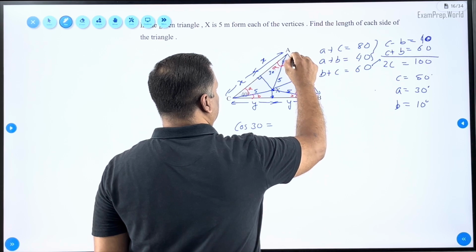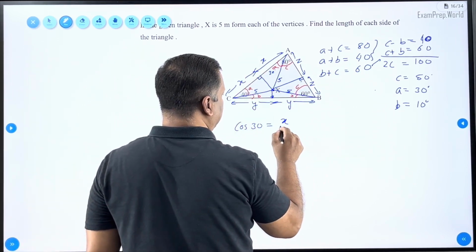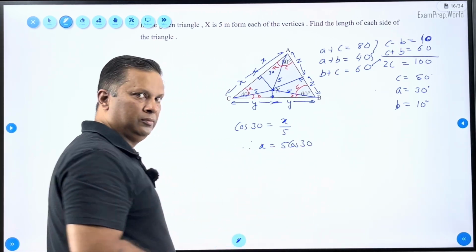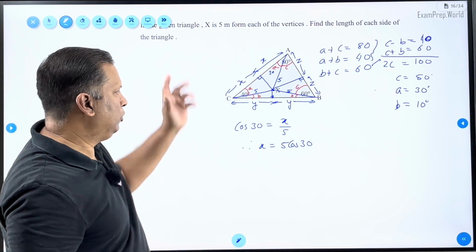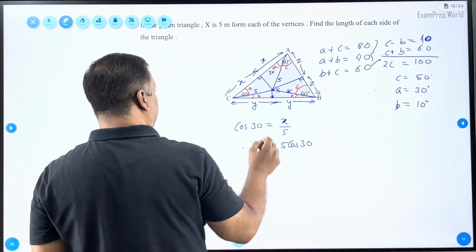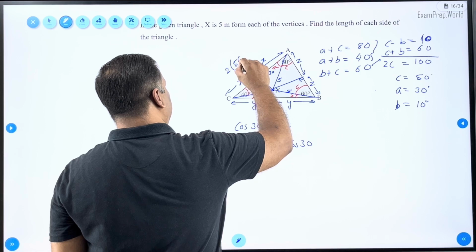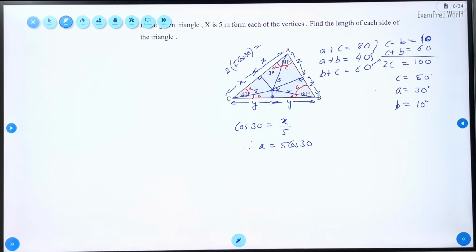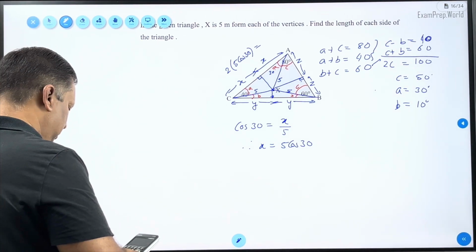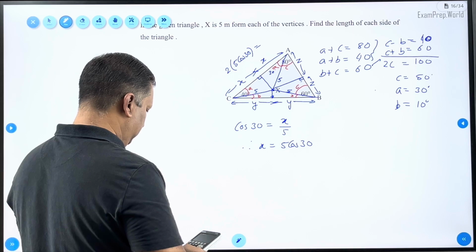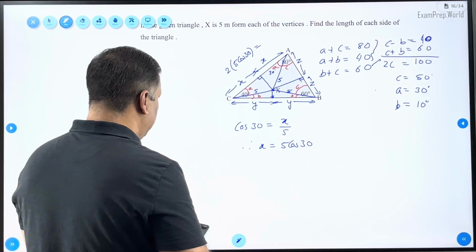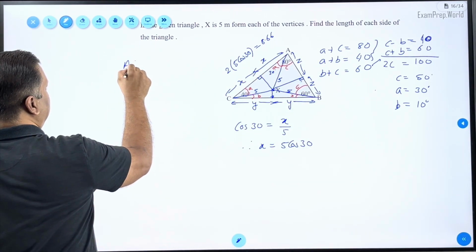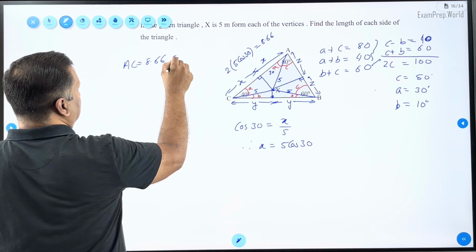Now cos 30 is x upon 5, therefore x equals 5 cos 30, right? What is the length of this side? 2x, therefore AC is 2x, which is 2 times 5 cos 30. How much is the value? 8.66. So AC is 8.66 centimeters.